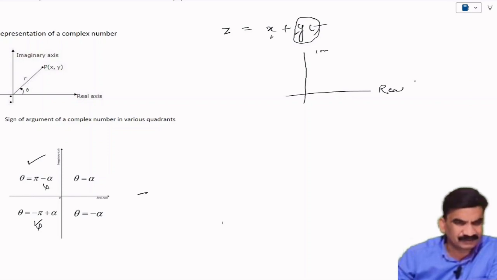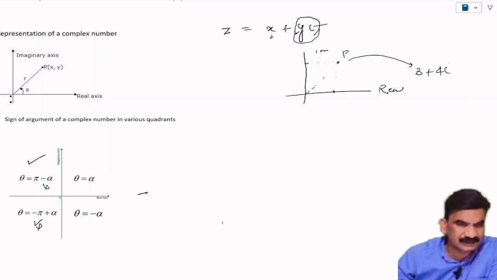So any number, for example, 3 plus 4i, can be represented as we go 3 units here. Units means meter, centimeter, that's up to you, and 4 units here. And then let's say this point is P. This point is this particular number on this plane. And how far is this number from the origin?